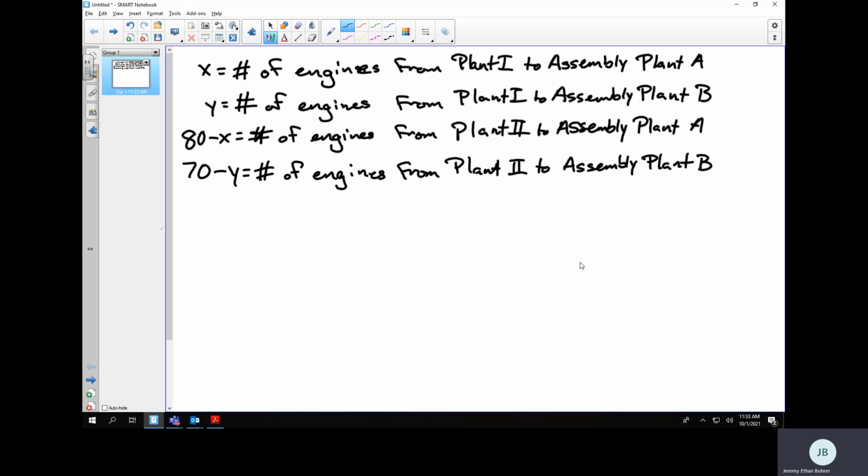So these numbers can be displayed in a schematic like this. Here's plant 1 and plant 2.